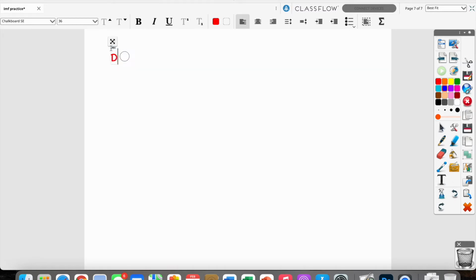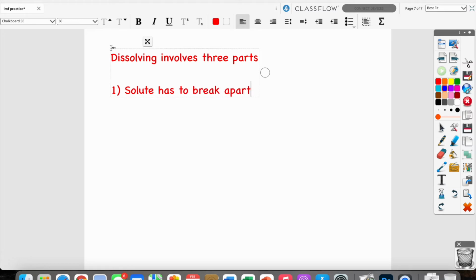So dissolving involves three processes, or three parts. The first thing is the solute has to break apart into individual molecules or ions.